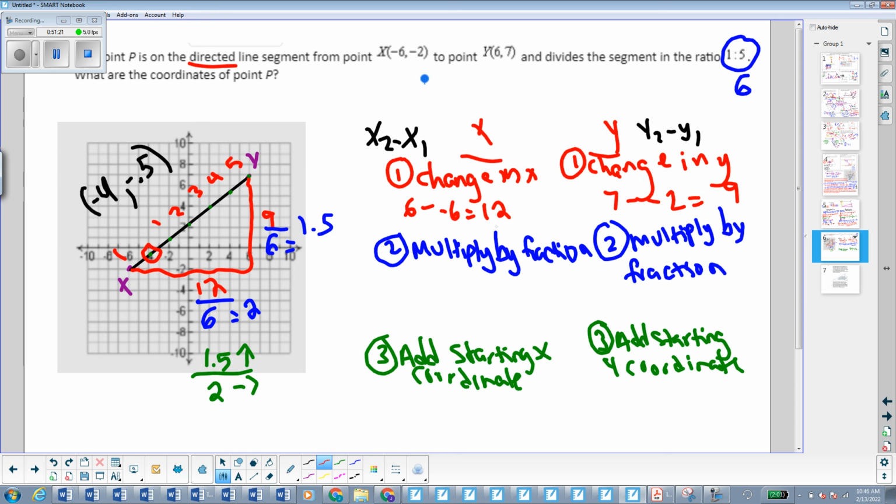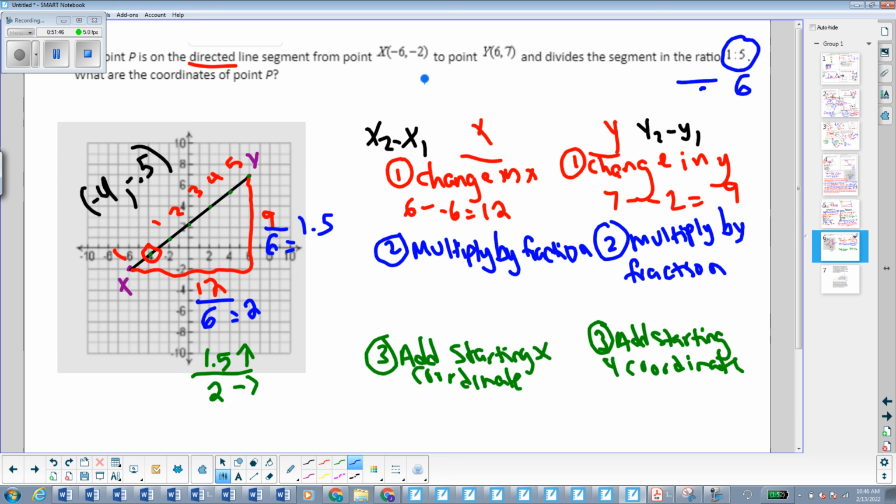Now, we're going to take our end result from step number 1, and we're going to apply step 2 to our end result. And step 2 is to multiply by a fraction. So what that means is we're going to turn our ratio into a fraction, but not the way that we usually turn ratios into fractions. We're not going to just write 1/5. We talked about before how a 1:5 ratio means 6 parts of the line segment in total, because 1 plus 5 is 6.